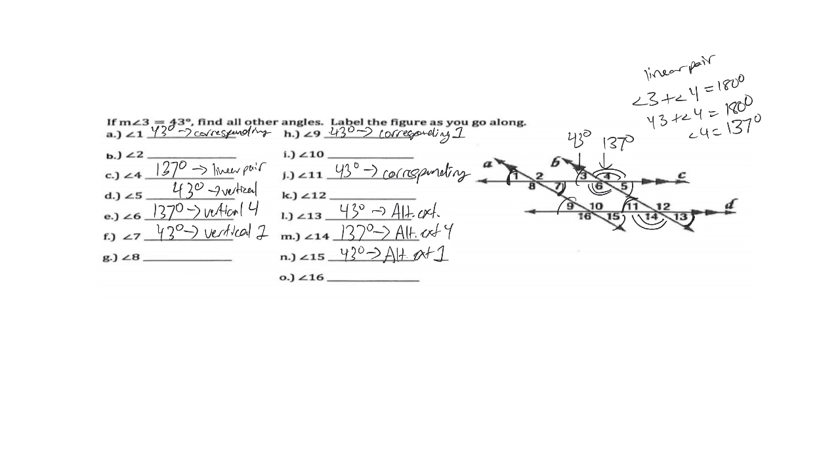You don't have to label why they are. I'm just labeling it so you guys know how I'm getting them. 12 is corresponding to 4, so 137 degrees, corresponding to 4. 2 is also corresponding to 4, so 137 degrees.